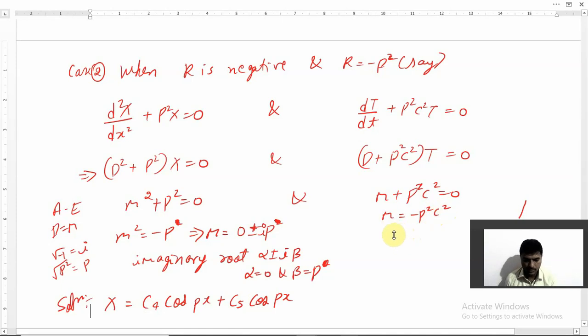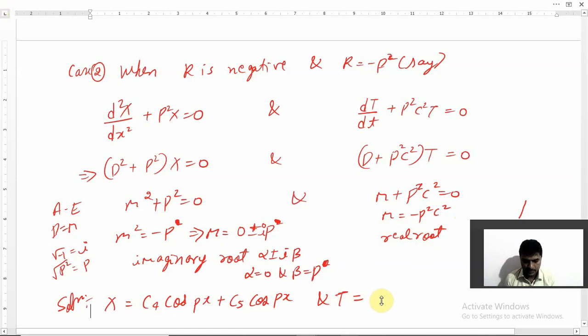So what will be the equation here, students? Here directly I will get a solution for t. There is no imaginary root, this is only one real root. Therefore, what will be the formula? Please remember the formula.